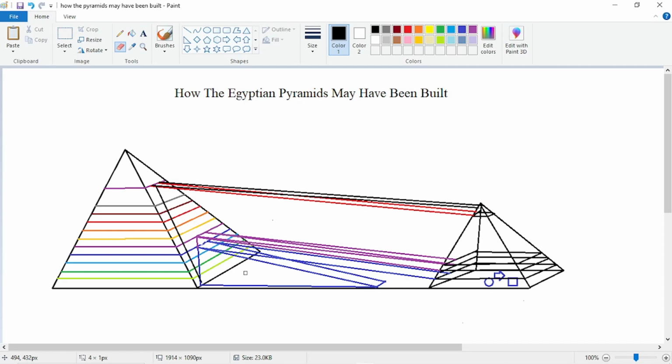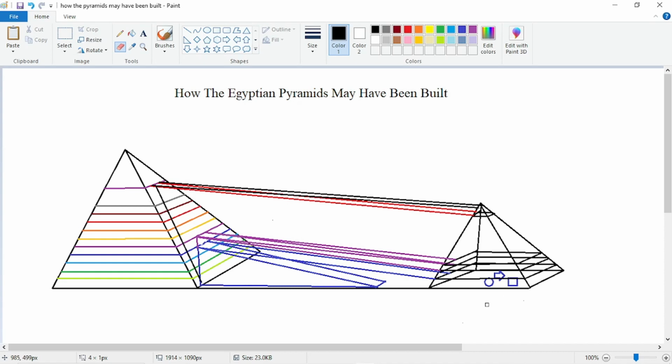I didn't really like the ideas other people had, especially when they're talking about pushing flat bottom stones up a grade. To me, that's crazy talk. Like if you're talking about building ramps going around the pyramid, going up and up and up, and you're trying to push a stone up a ramp, to me that's crazy talk.